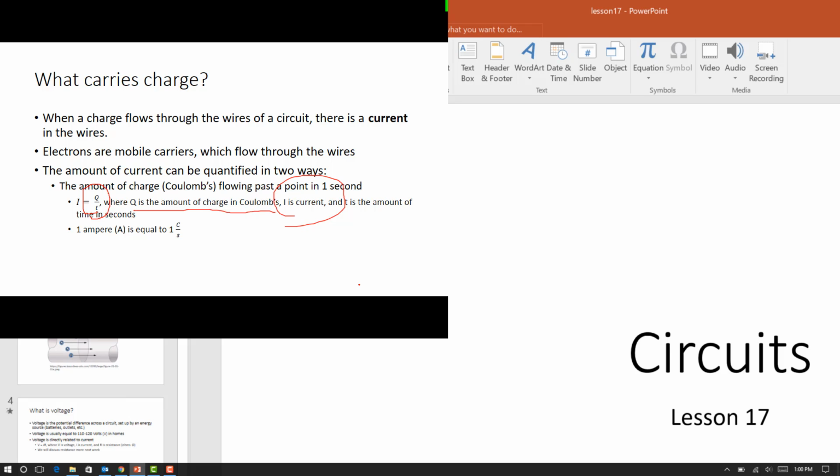So that's one way we can quantify current, in terms of just the amount of charge passing by a particular point every second. Another way we can quantify current is as the number of electrons flowing through the wire. What's that? Isn't that 3 ways? No, because both of these are just describing how you would determine current in terms of the amount of charge. Now, in order to do the second one, the amount of electrons, you usually have to do the first.